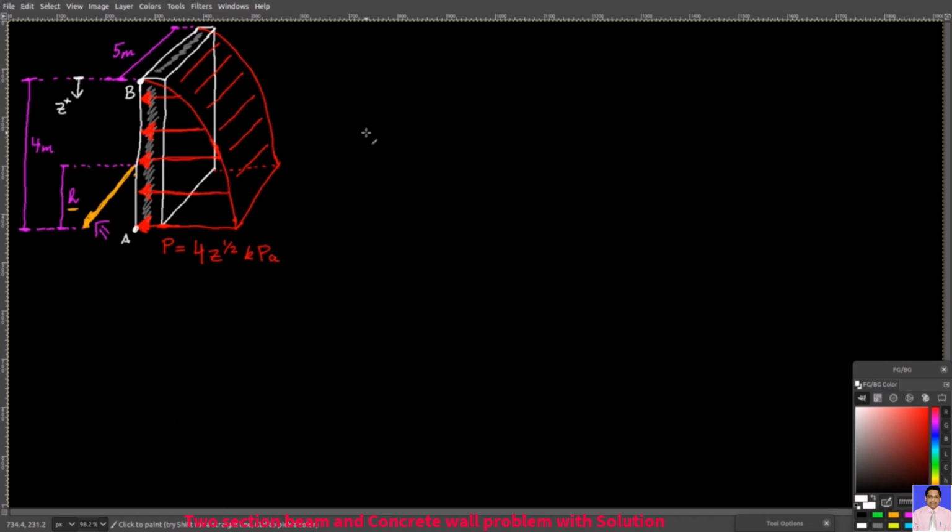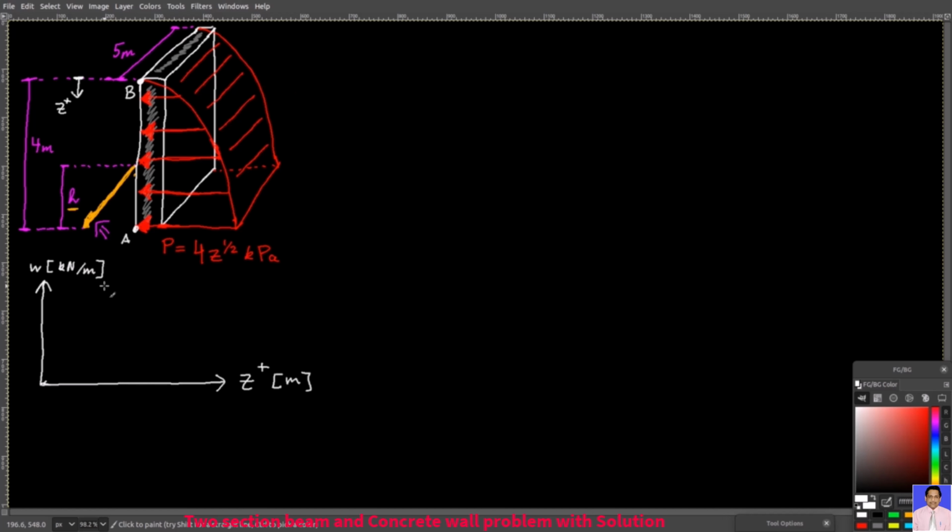So let's now figure out how high we need to place this bracing strut to completely neutralize the moment due to this pressure distribution. In our case, positive Z went down. However, for my convenience, I will represent the positive Z in this direction.